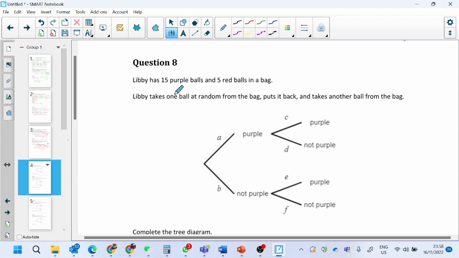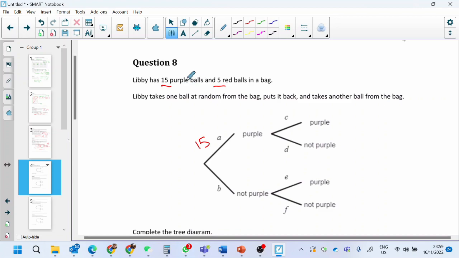Libby has 15 purple balls and 5 red balls in a bag. Libby takes one ball at random from the bag, puts it back, and takes another ball from the bag.